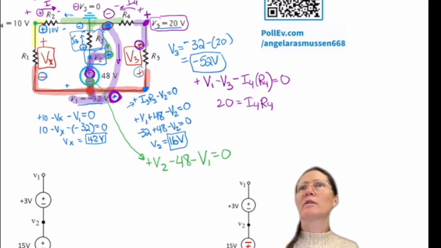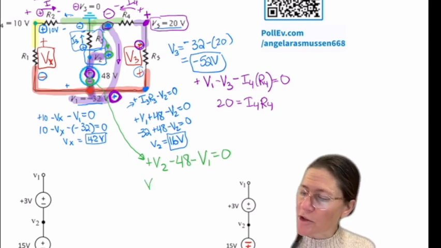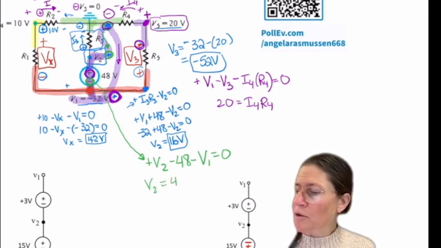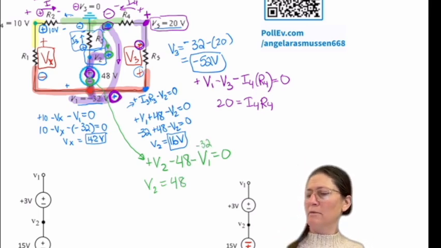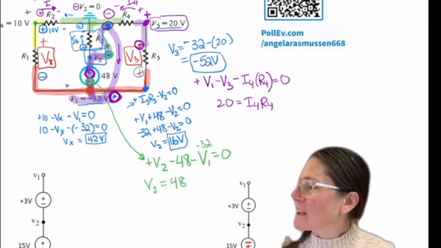Is that the same? Uh-huh, because you'll put V2 is equal to 48, and then this is a minus 32. Oh, wait. Did I go wrong? Plus V2 minus 48 minus, sorry.